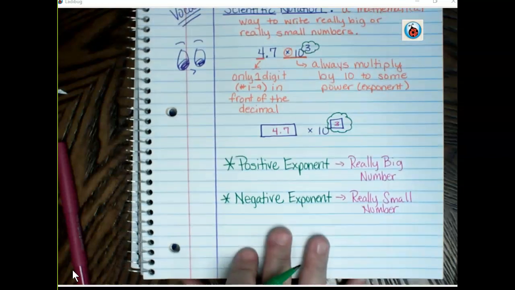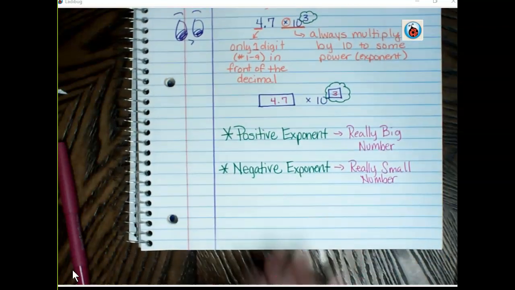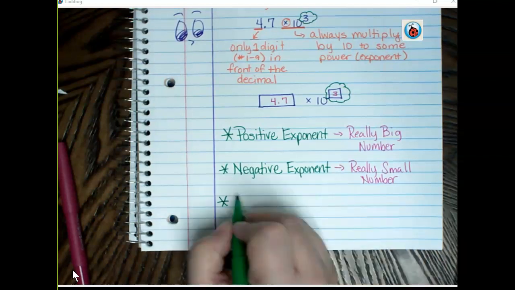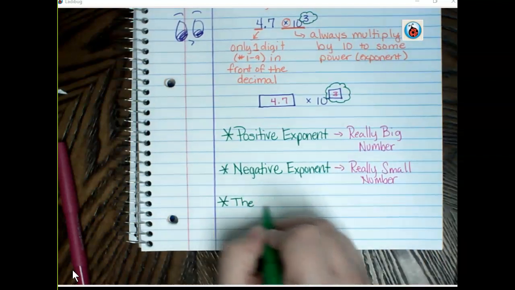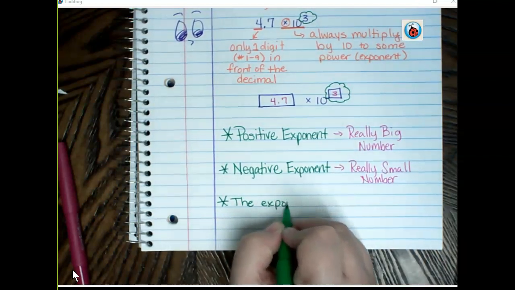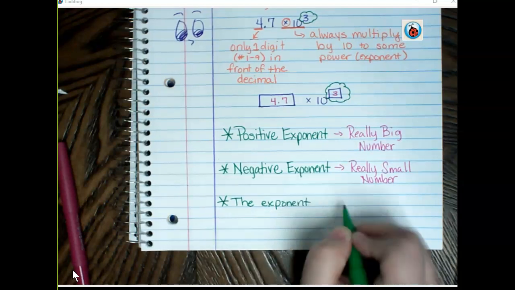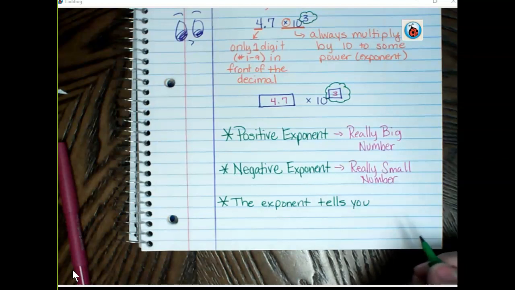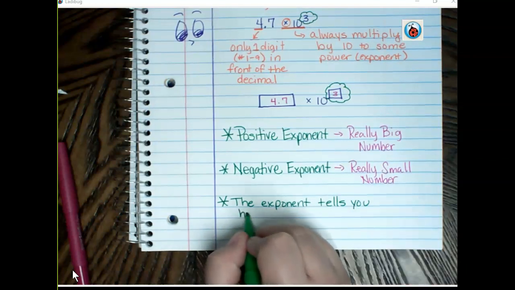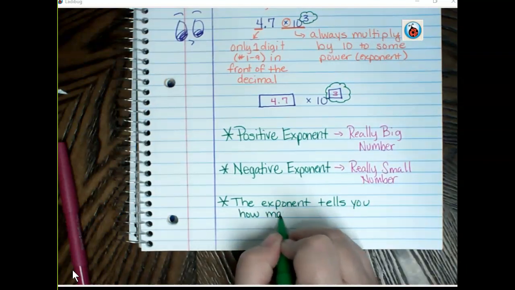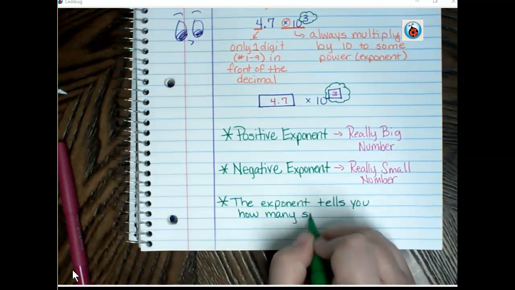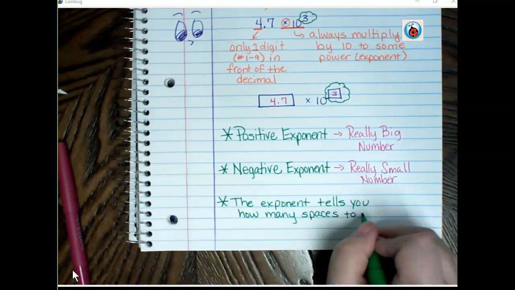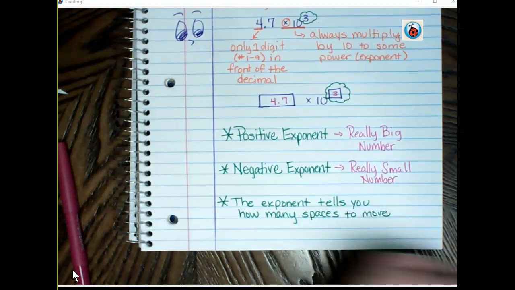And then the last thing that our exponent will tell us: the exponent tells you how many spaces to move the decimal, left or right.